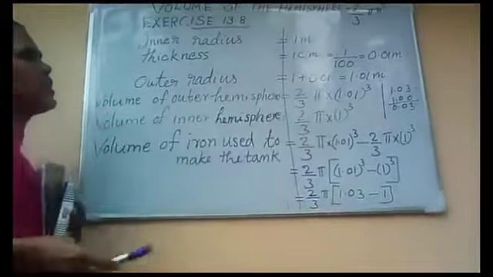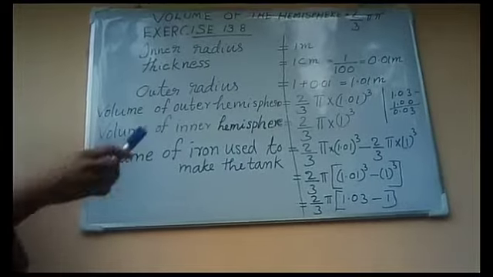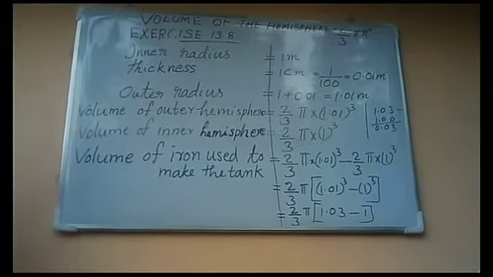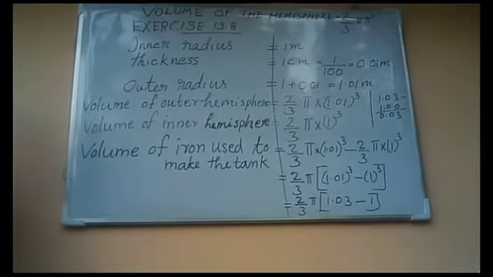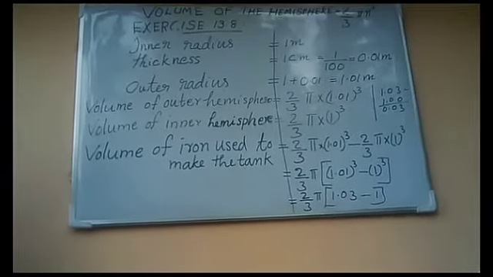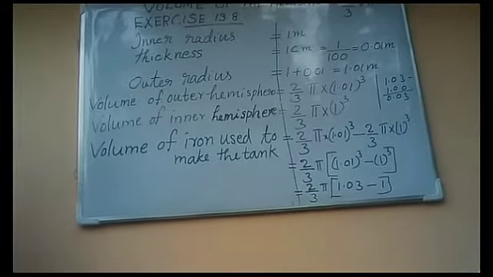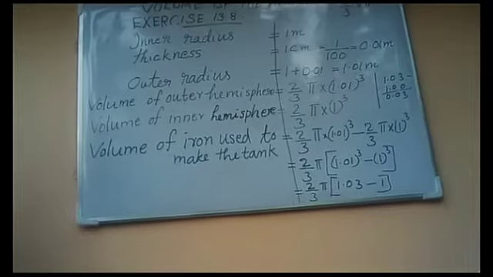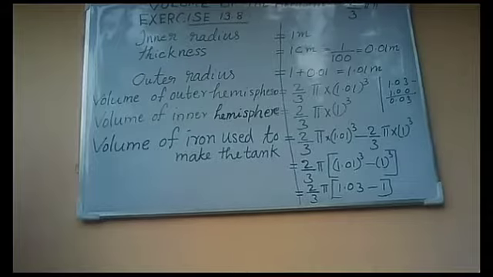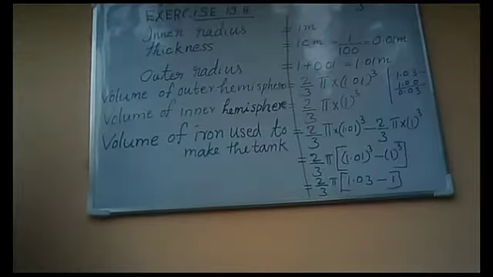This 1 centimeter is changed into meter, that is 1 by 100, equal to 0.01 meter, the thickness of the tank. So we can add inner radius and thickness to get the outer radius.